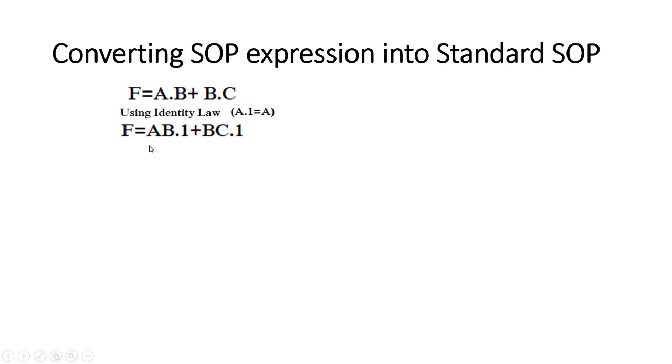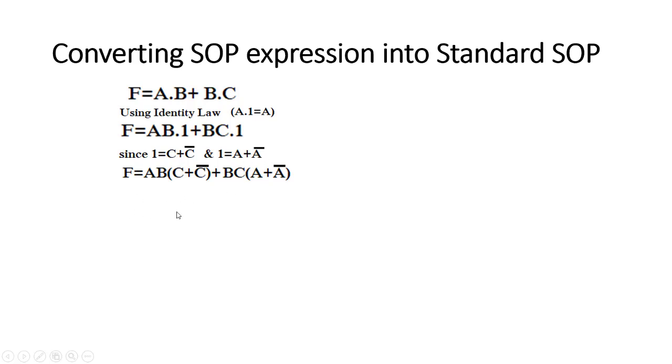For that, I write Boolean expressions equivalent to 1. You know that 1 equals C plus C bar, that is the complement law, and 1 equals A plus A bar. So we can replace these ones with these expressions like this. This 1 is replaced by this expression and this one is replaced by A plus A bar.